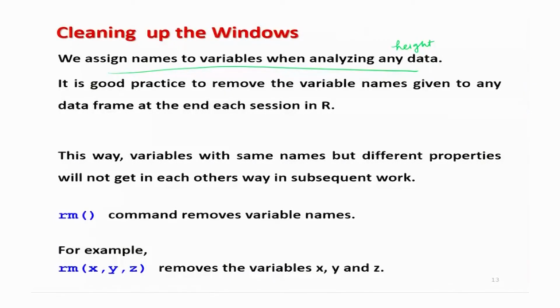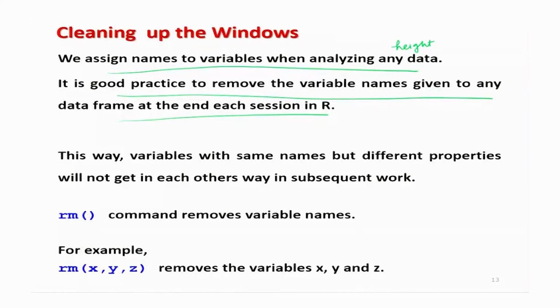So, sometimes you want to clean up the window, you want to remove the variables, and actually it is a good practice to remove the variable names given to any data frame or any data set after you finish your work in the R software. This way, this type of confusion will not be there, and then there won't be any problem.